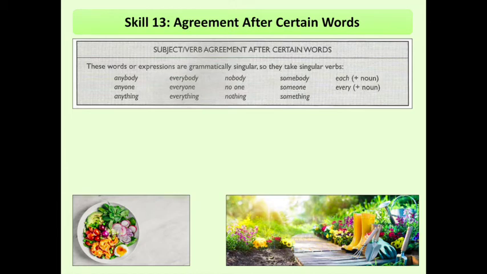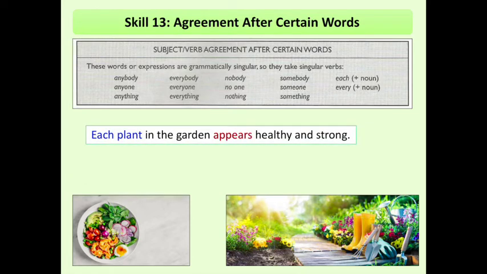Skill 13 is agreement after certain words. The words in this box are grammatically singular, so they need singular verbs. Let's look at the example sentences. Each plant in the garden appears healthy and strong.